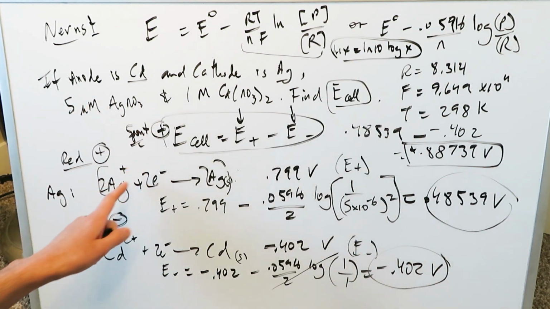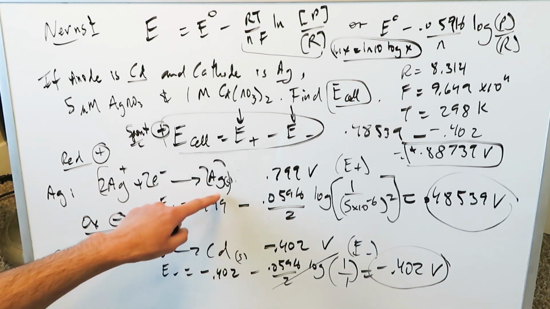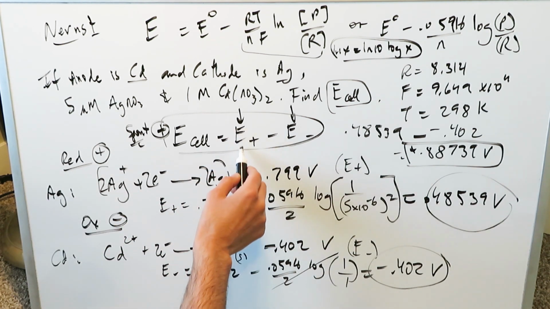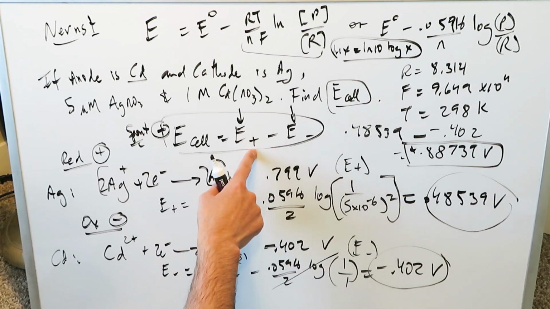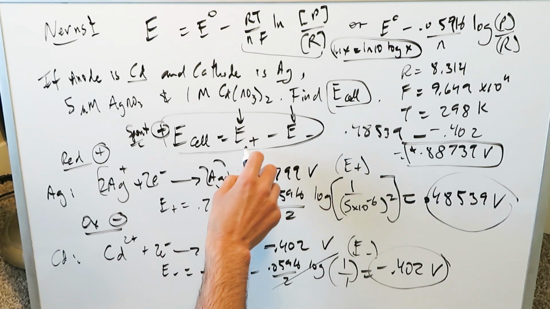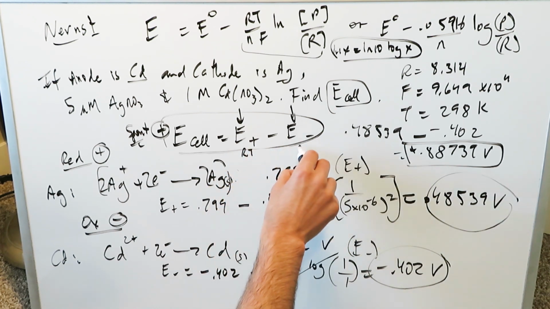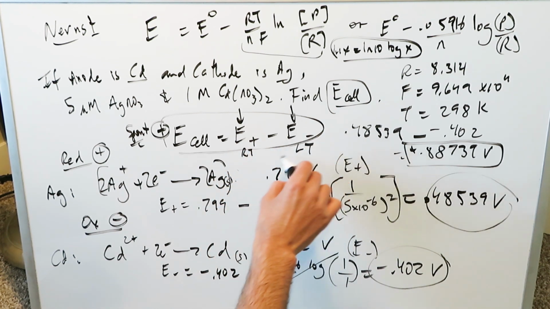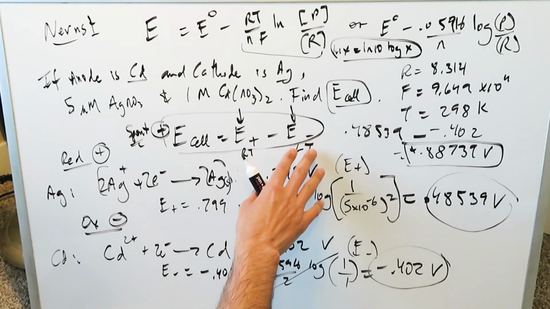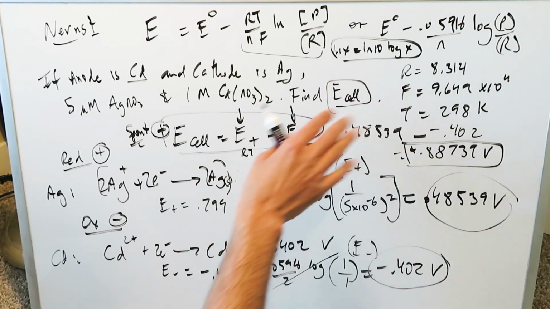Everything with regards to the Nernst equation you're writing here with regards to half reactions in a reduction form. E cell is equal to the potential at your cathode minus potential at your anode. This can also be looked at as your right electrode and your left electrode. By convention, the right electrode is your cathode, your left electrode is your anode. Your anode is negative because it's collecting the electrons to send through the circuit.